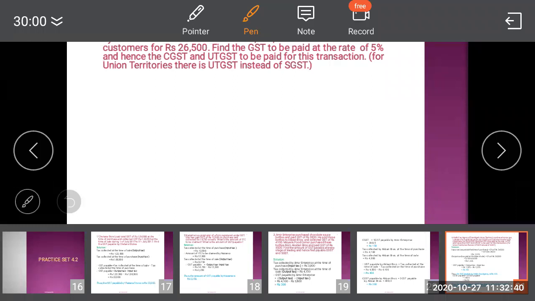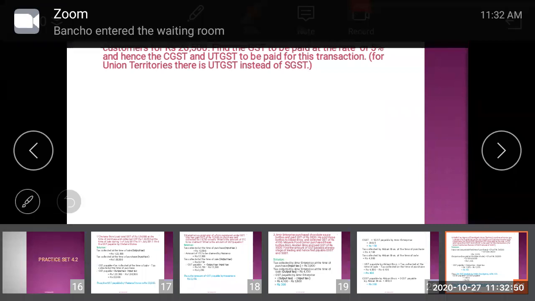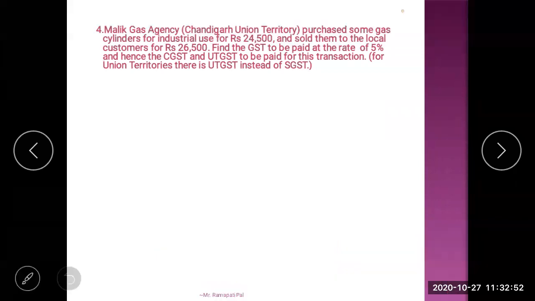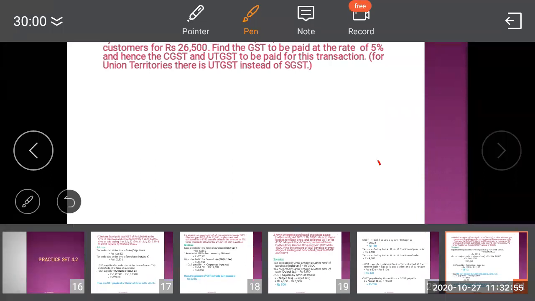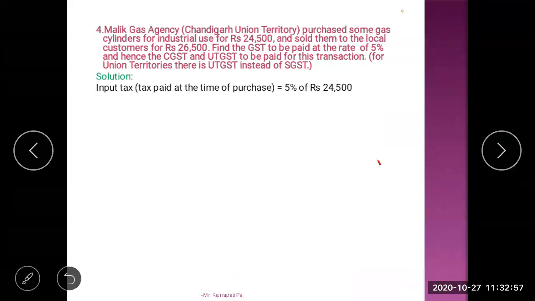Let's see the answer now. Input tax is the tax paid at the time of purchase, that is 5% of 24,500, because he had said to find the GST to be paid at a rate of 5%. Correct? So 5% of 24,500.